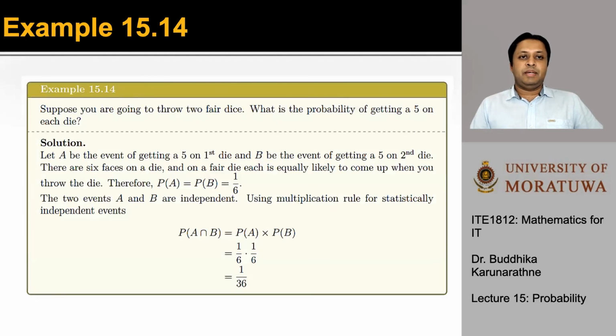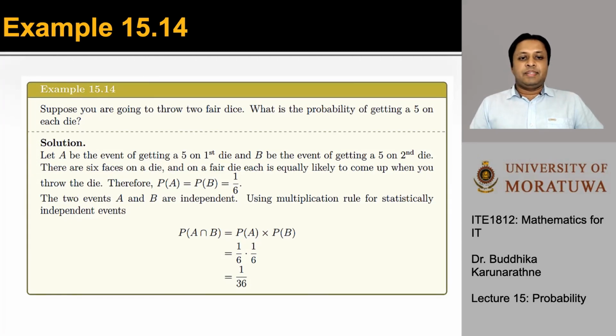Let's understand this using an example. Suppose you are going to throw two fair dice. What is the probability of getting a 5 on each die? Let A be the event of getting a 5 on the first die, and B be the event of getting a 5 on the second die.